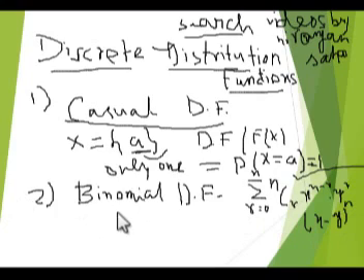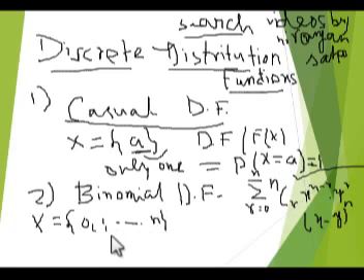So now the binomial distribution function is such that the spectrum of the random variable can take n plus 1 points. It can take values from 0, 1, up to n, so there are n plus 1 values of the random variable.